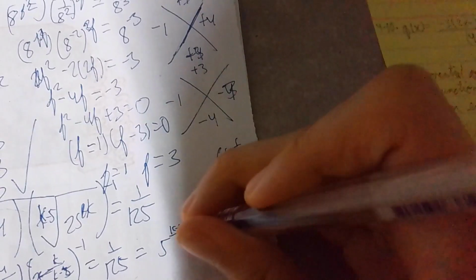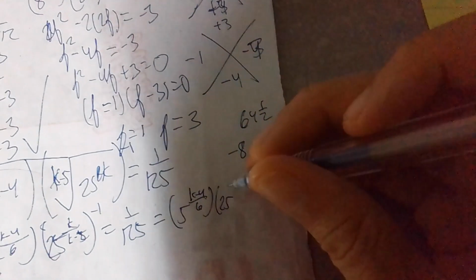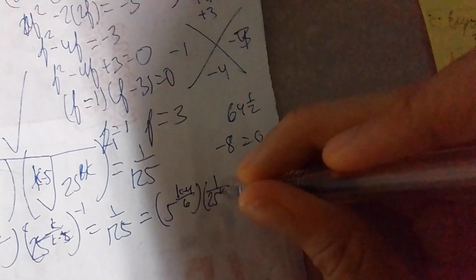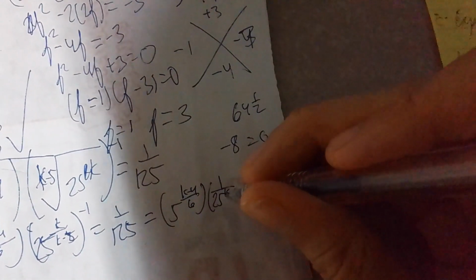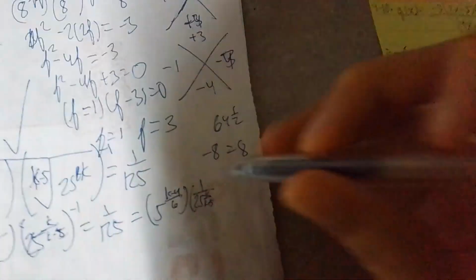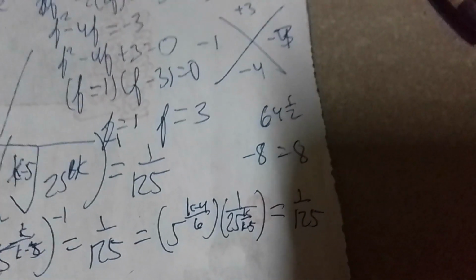We have 5 raised to the k minus 4 divided by 6 power times 25, and because of the negative 1, it has to go underneath: 1 over 25 raised to the k minus 5 power. And that's equivalent to 1 over 125. Now we just apply the math.